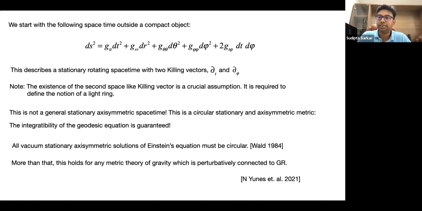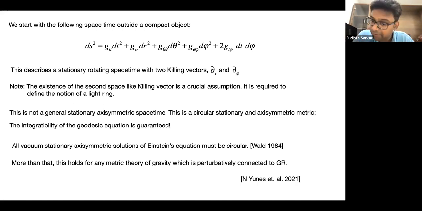What they have shown is that, if it is true for general relativity, any theory of gravity which is perturbatively connected to general relativity, that means there is a Taylor expansion around general relativity, it is guaranteed that if you start with a circular solution, the solution of that arbitrary theory will also be circular.